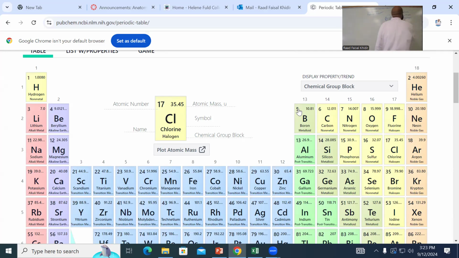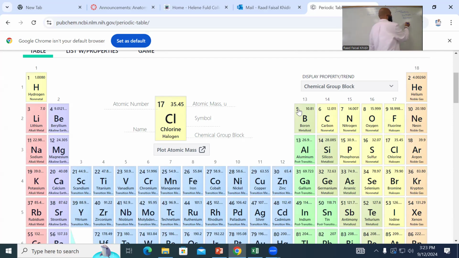Okay, so they are different variations of the same atom. Isotopes are different variations of the same atom.